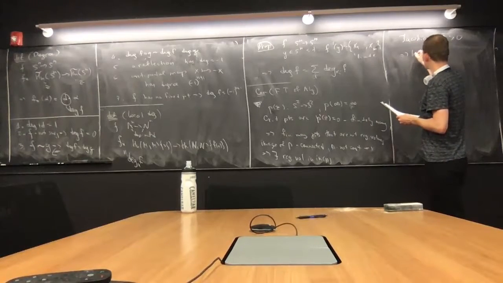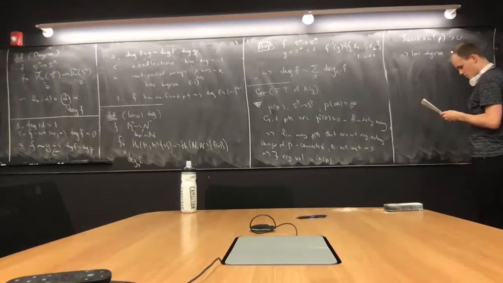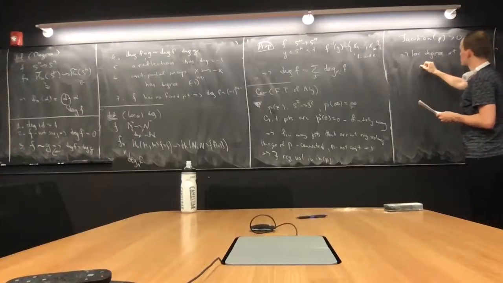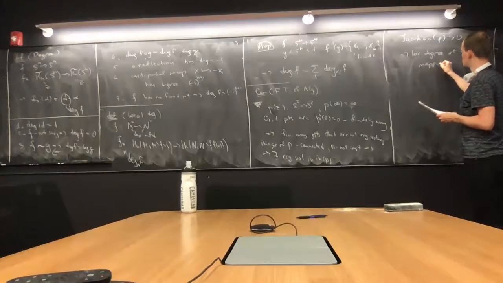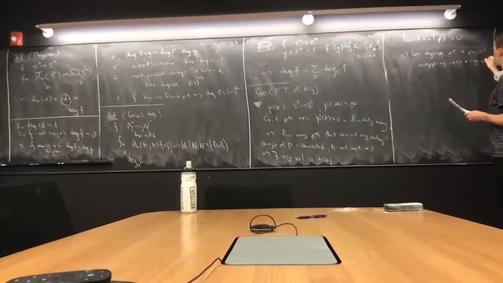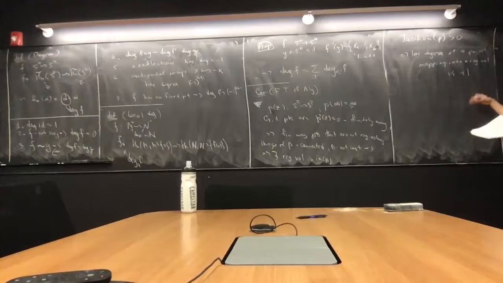Therefore, the local degree at a point that gets mapped into a regular value is +1, right? So it could be either +1 or -1. But because the Jacobian of a holomorphic function is always positive, it's always +1.